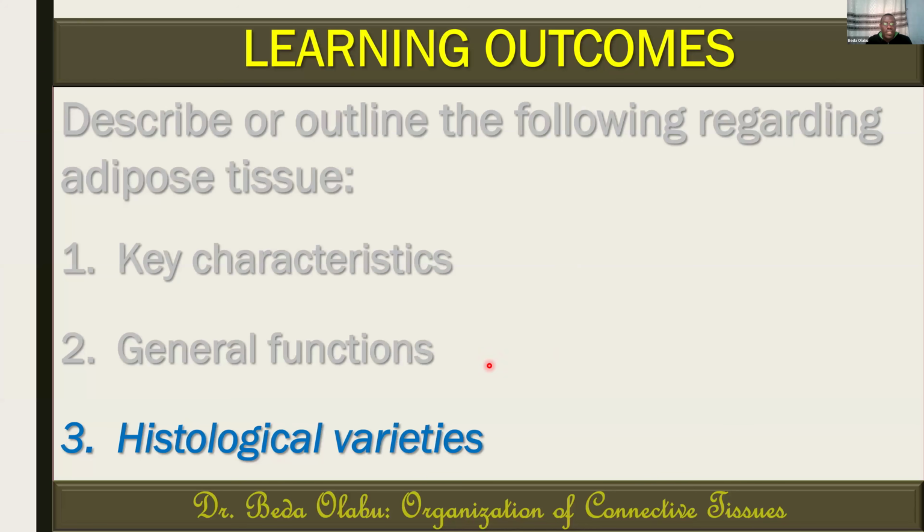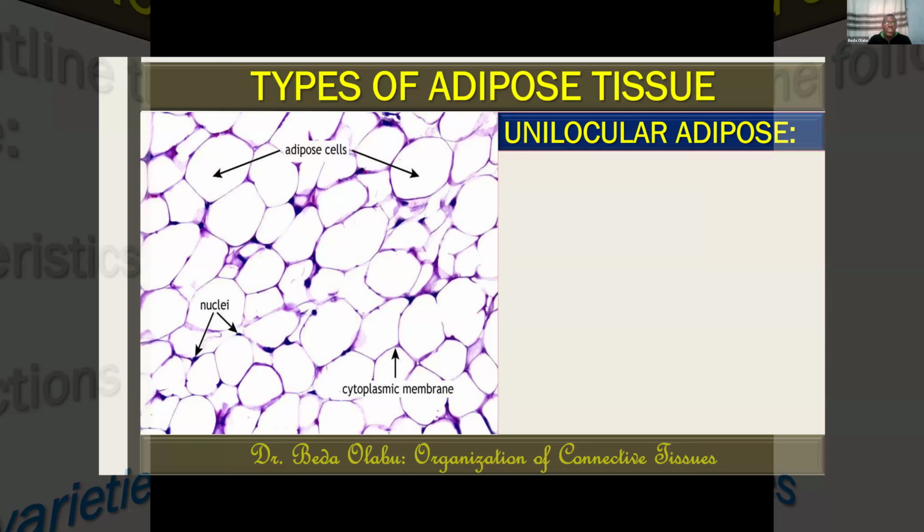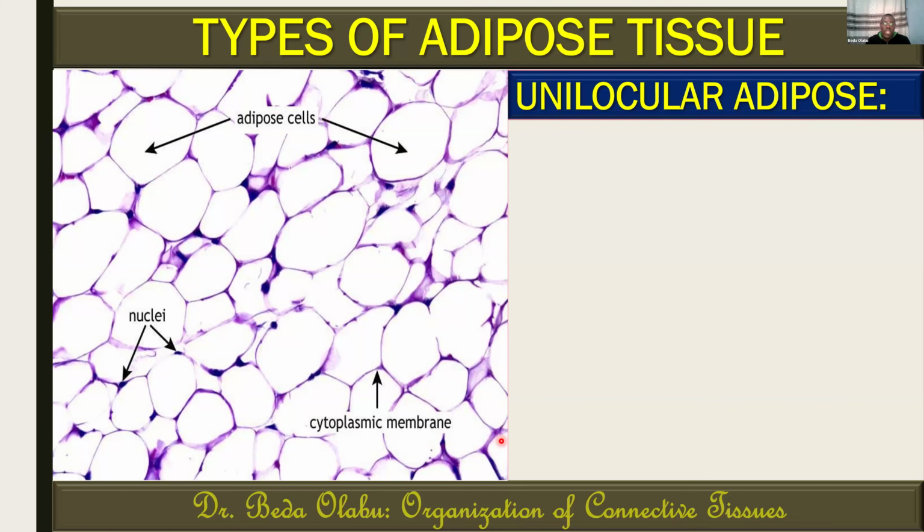The third key agenda of this particular lecture is to look at the histological varieties of adipose tissues. I've already mentioned that we have two types of adipose tissue, the unilocular adipose tissue and the multilocular adipose tissue. Unilocular adipose tissue is also known as the white adipose tissue.